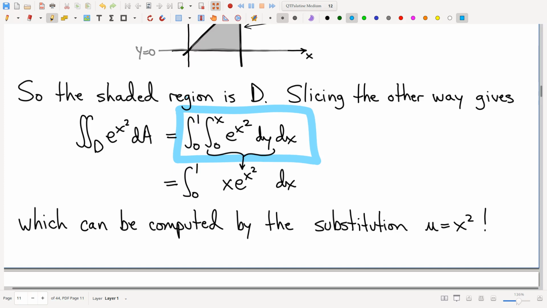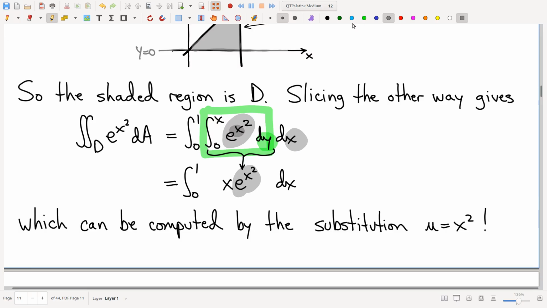Because when you look at this inside integral here, now you get scared at the very beginning because you see that e to the x squared, and you're thinking, oh my god, I'm in the exact same situation, but no, we're not. This is a dy integral. The outside variable is x. That means x is constant. That means that whole thing is constant.